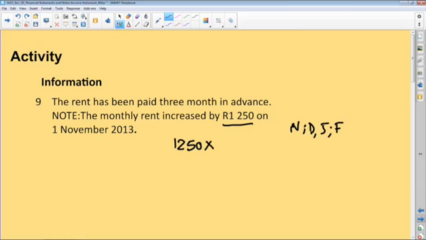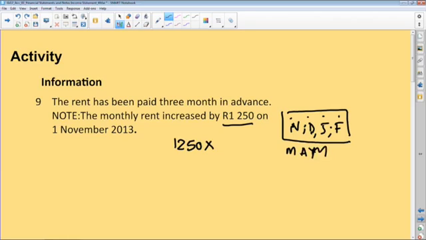So this would be my financial year. Can you see it? So it's November, December, January, and February. But we've also paid 3 months in advance. So that means we've paid March, April, and May. Okay? March, April, and May.